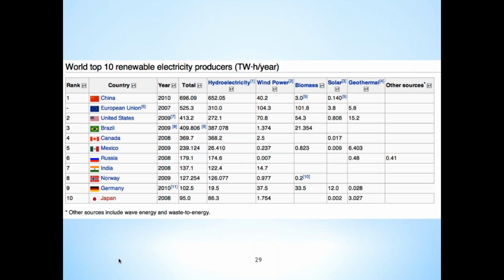Now, when you realize that in the world there are more than 1.2 billion people who have no access to electricity at all, just think, either they can wait for a grid to be built out like we spent 100 years doing in the developing countries, or they can get a solar cell and a battery and an appliance at their house. They can get a wind turbine and a battery and an appliance at their home or business.